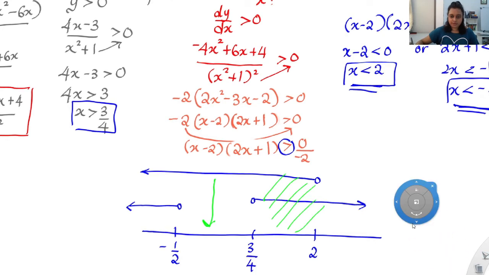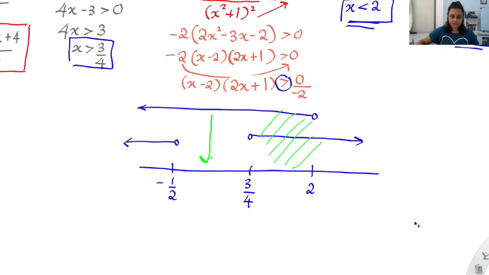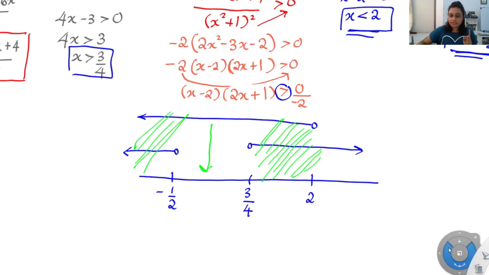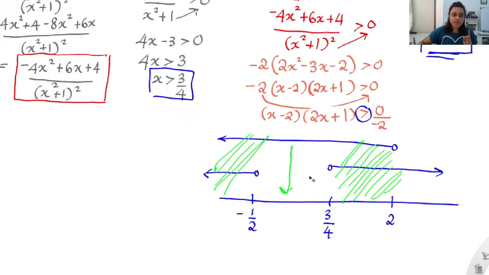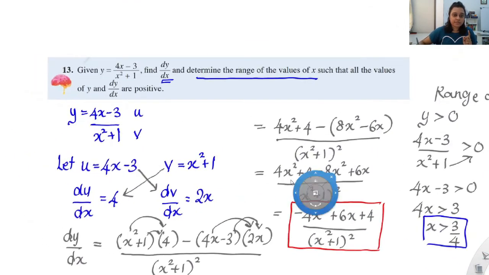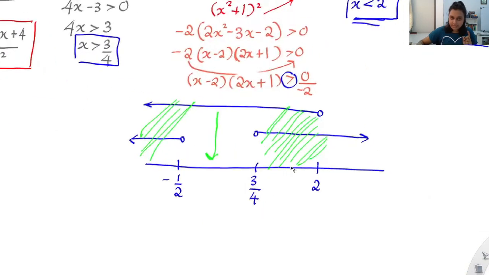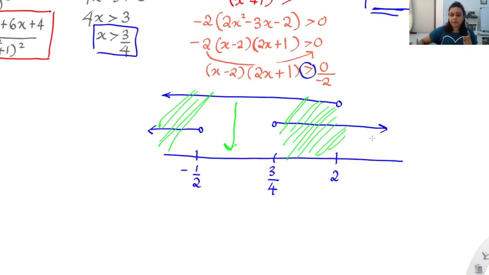Where you need to see your intersection is because this part here is intersection, here also got intersection, but our question says find the range of values of x for all the values that are positive. The range of values of x must all be positive, so in that case I'm only going to take the positive ones.